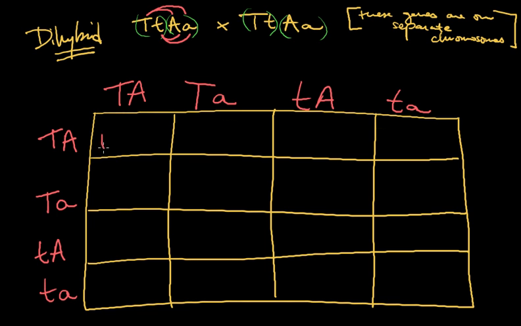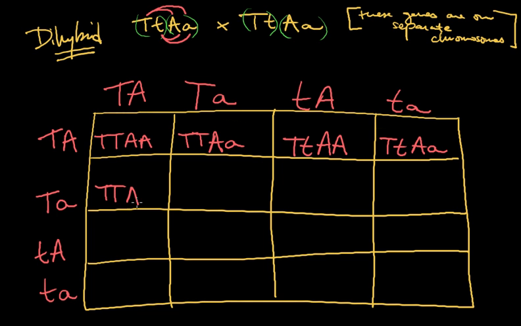And then all we do is combine the letters as if they were fertilized to know what the probability is for each combination. And the big thing here is really understanding that this is based on the assumption that these genes are on separate chromosomes.